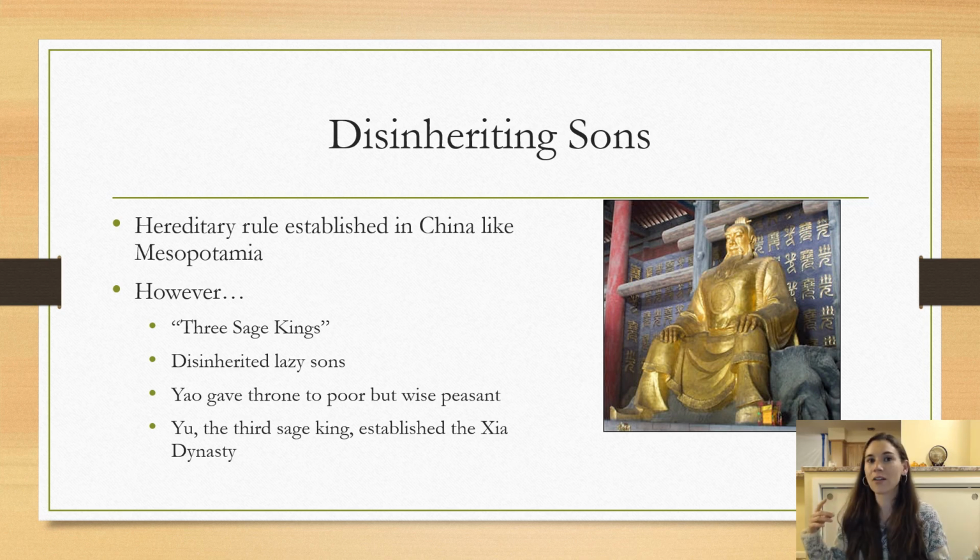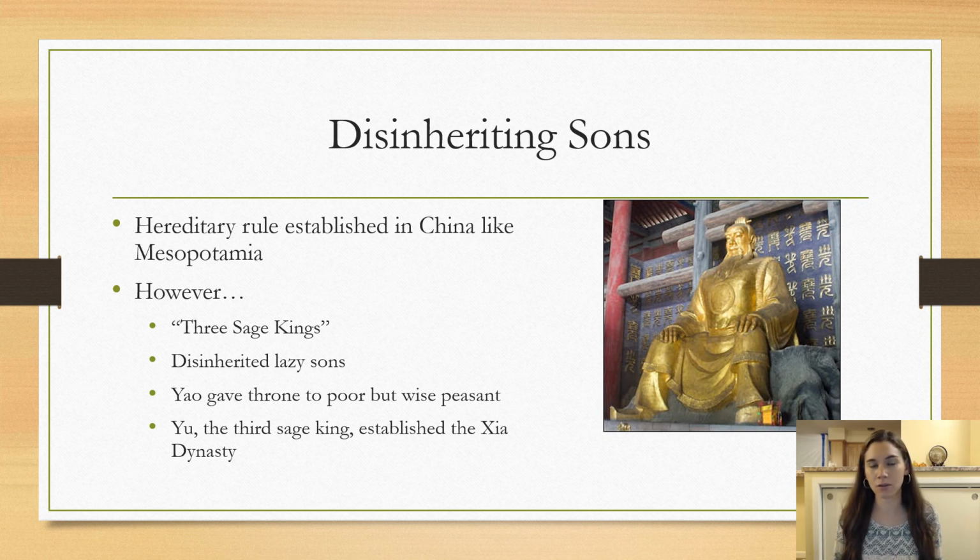However, they kind of have a twist on things, because there were these 3 kings that ruled during the Xia Dynasty who were called the 3 sage kings, and they all disinherit their lazy sons, and choose someone else to be king. Yao, who is pictured here, gives his throne to a poor but wise peasant.